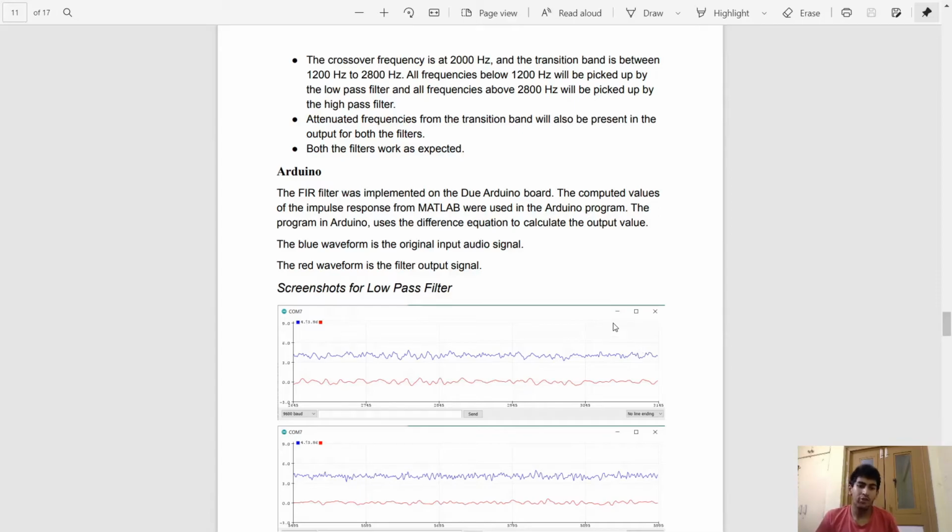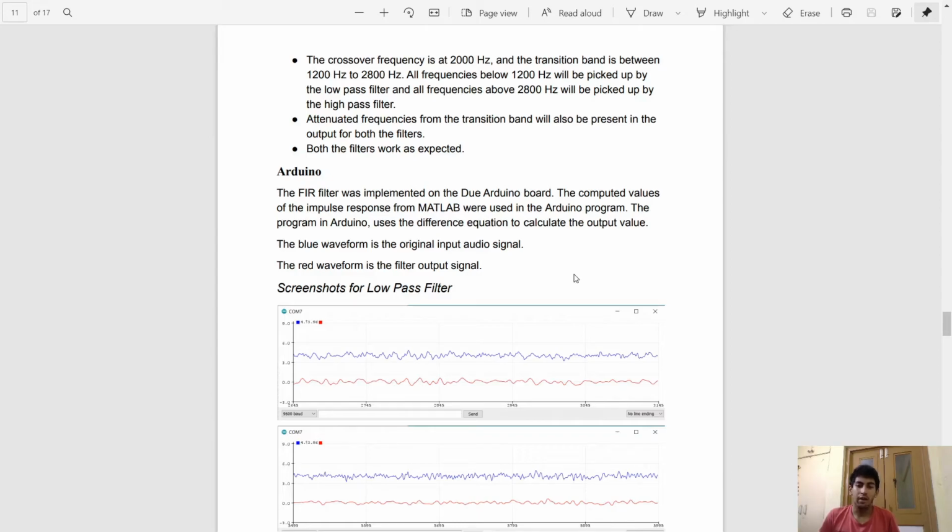Coming to the implementation of FIR filters on Arduinos, we can take the calculated impulse response and use the inverse Z transform method to get the difference equation from the impulse response.